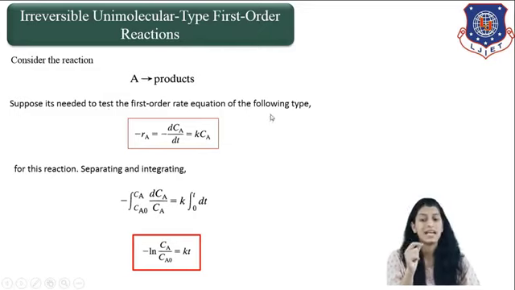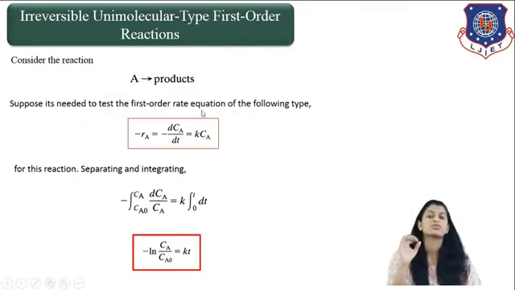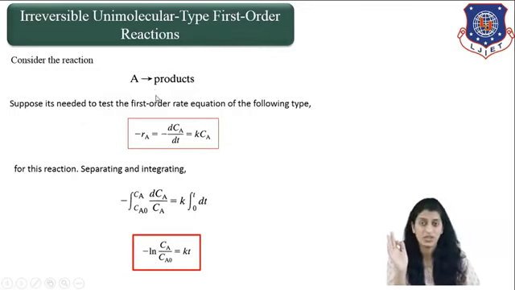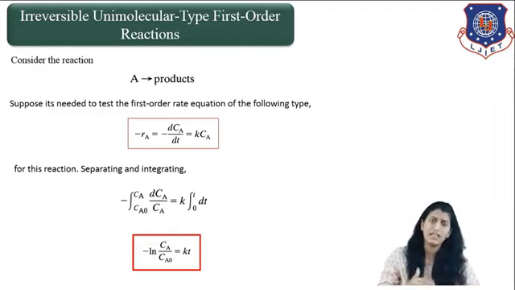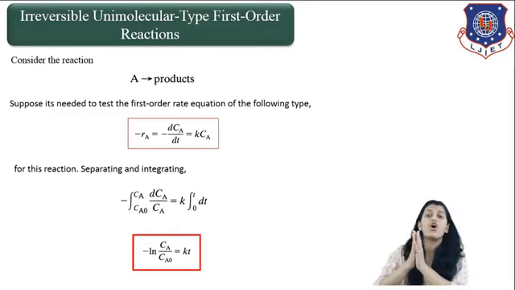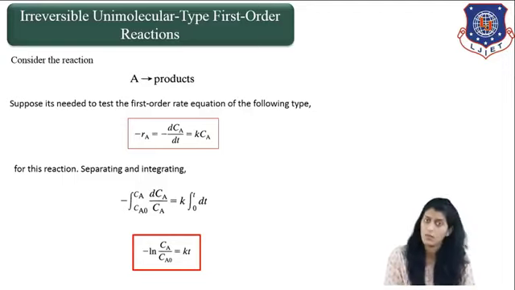Now, let us check how it responds. So, writing its rate equation: rate of disappearance of A, right? Whenever we talk about the rate of disappearance of A, it means how much of your reactant is getting converted into product with respect to time, correct?